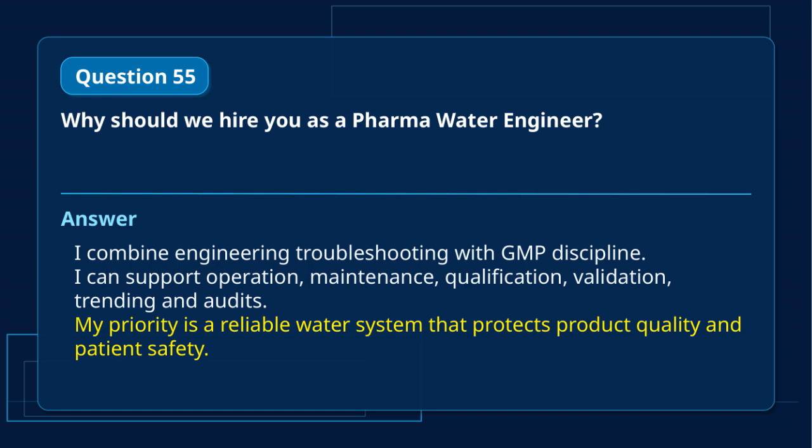I can support various critical functions, including operation, maintenance, qualification, validation, trend analysis, and audits. My top priority is always to maintain a reliable water system that safeguards product quality and, most importantly, patient safety. This holistic approach ensures the water systems not only function efficiently, but also meet regulatory requirements and protect the end user.